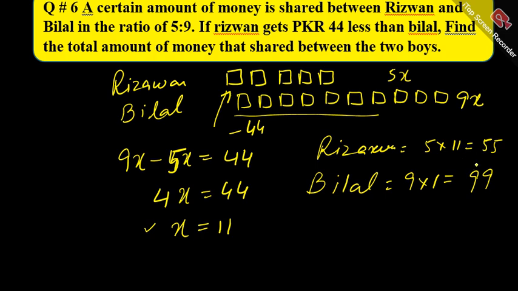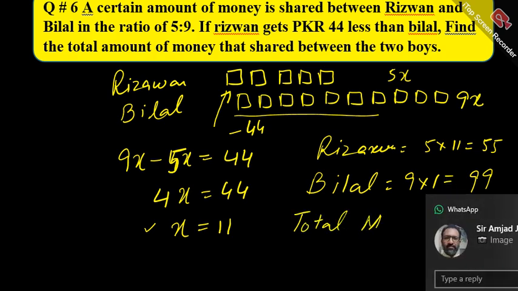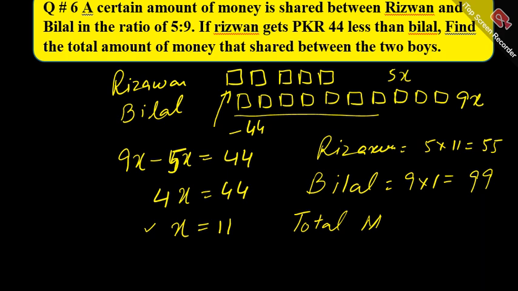So we add both, the money of Rizwan and Bilal. So the total money they have is 55 plus 99, which is 154, right? Okay, so this is your answer.